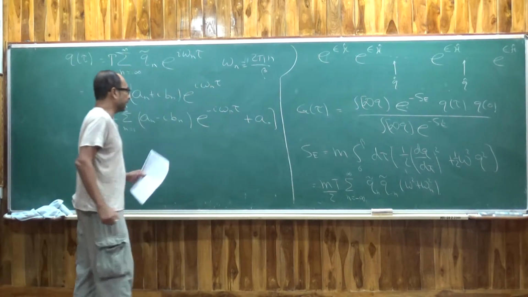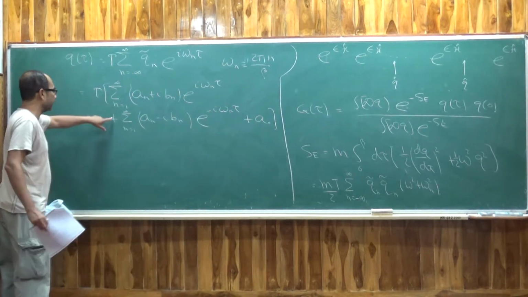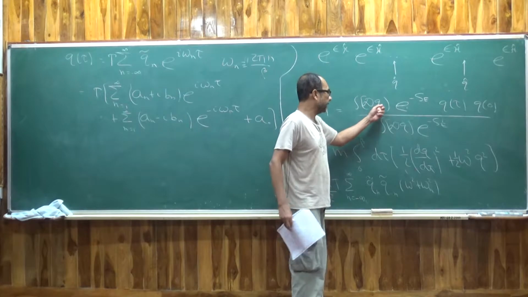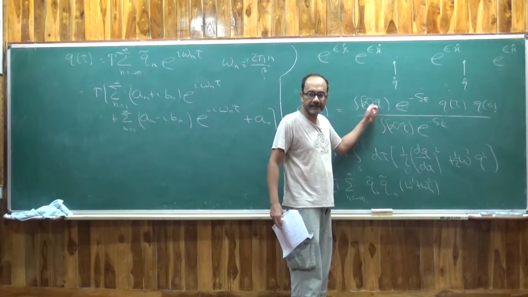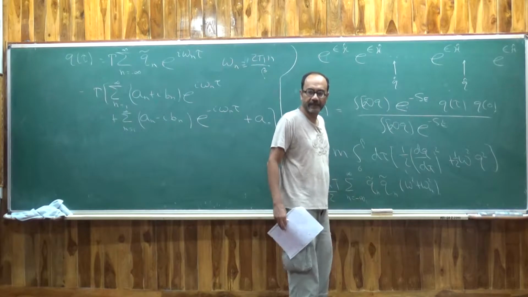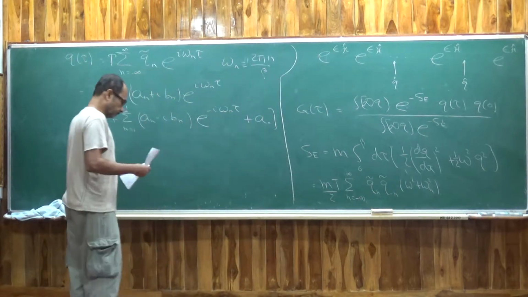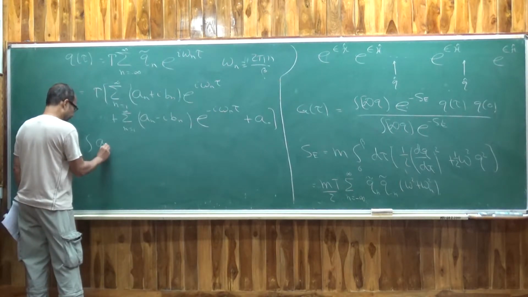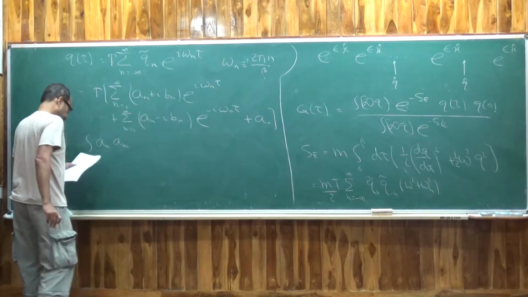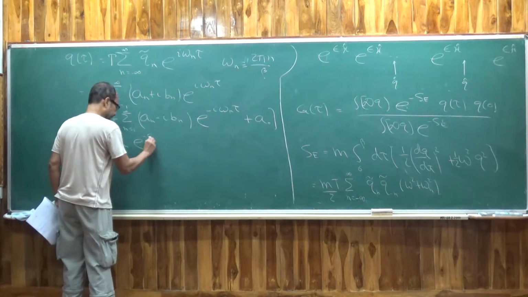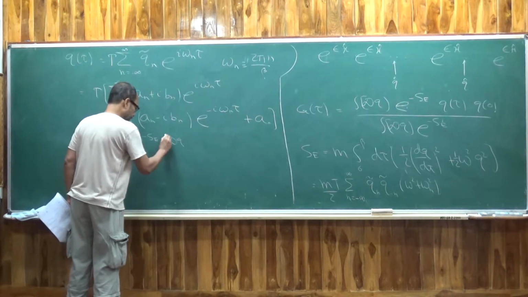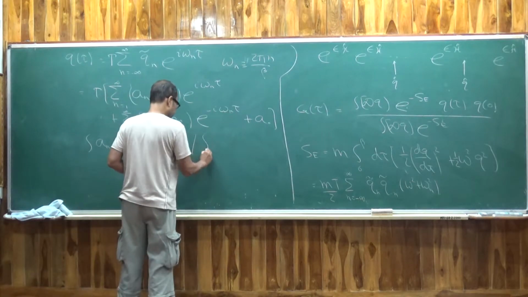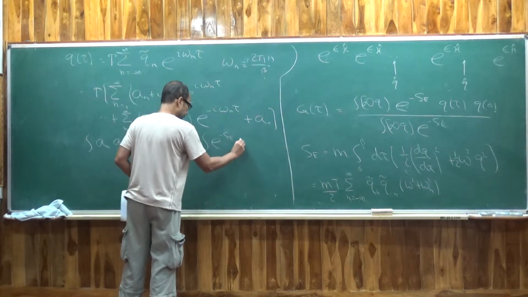Okay, so now the task is straightforward. We substitute this form for Q in Q of tau, Q of 0. Reinterpret this dq as the integrals over the a_n and the b_n, and then carry out the integral. So to do this integral, we have to basically take a_n a_m e to the minus S_E dq over the integral of e to the minus S_E dq.